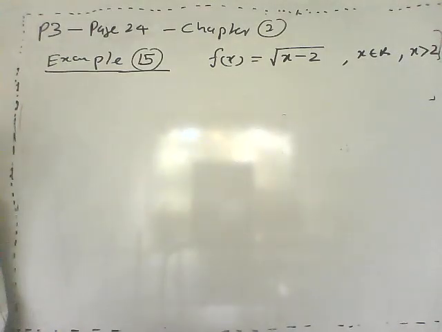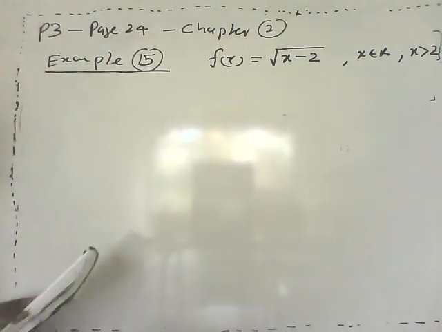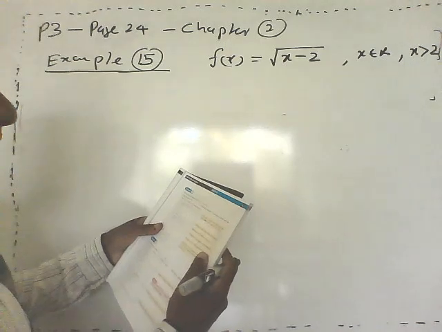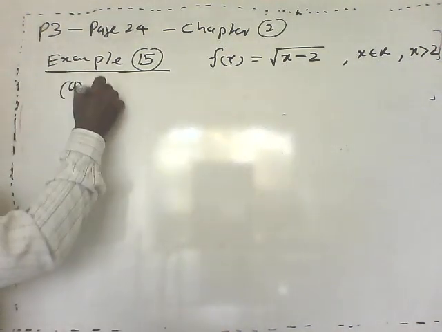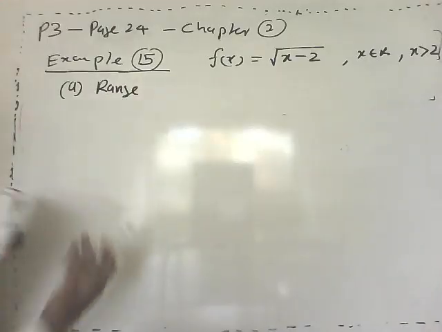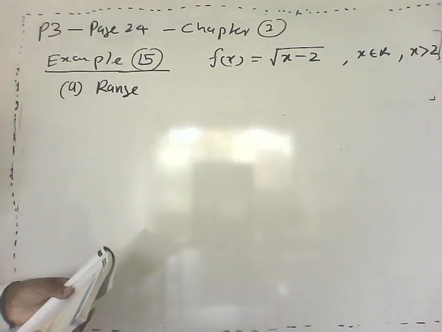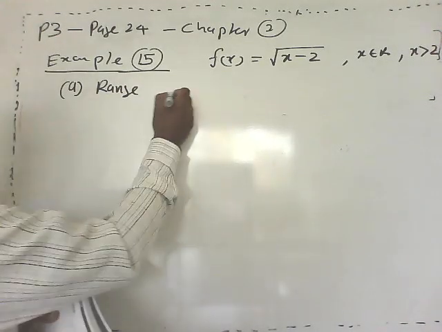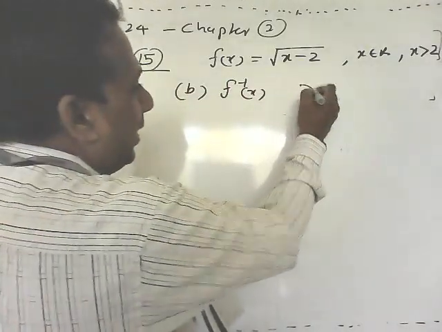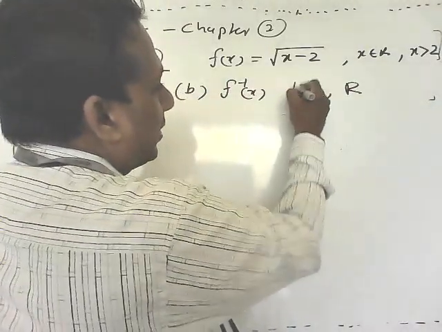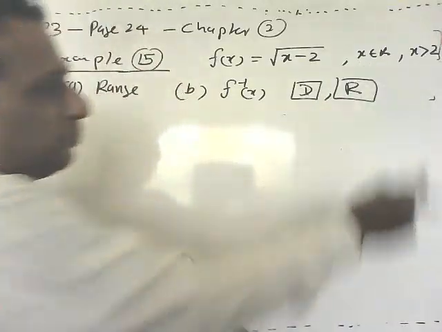Now actually we have to see this one and state the range of it. So part A, what they want is the range. Part B, what they want is f inverse x. They are asking us to find f inverse x and its domain and the range. Those two we have to find.